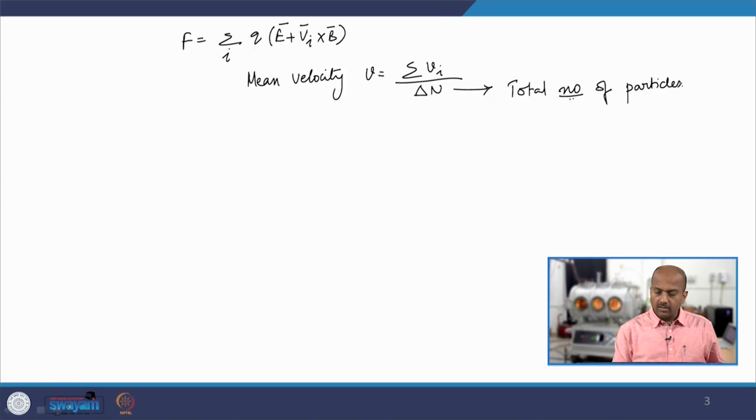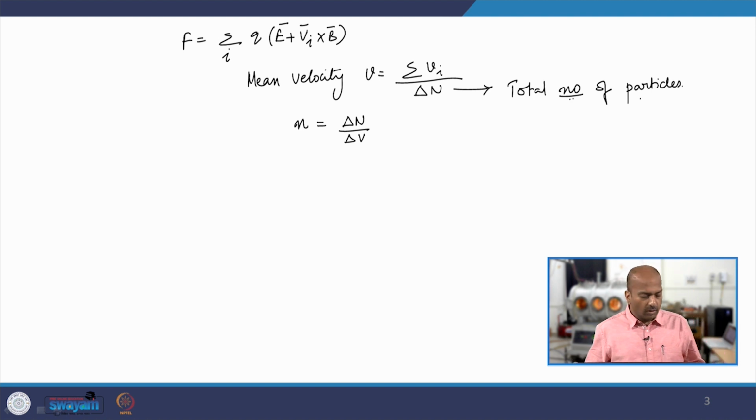So, delta n is the total number of particles in this Lorentz force equation, which gives us the velocity v. If you consider the number of particles per unit volume, then you can write delta n by delta v.